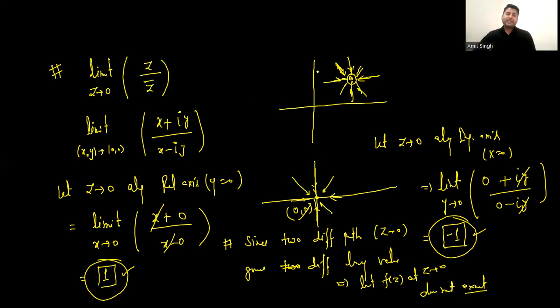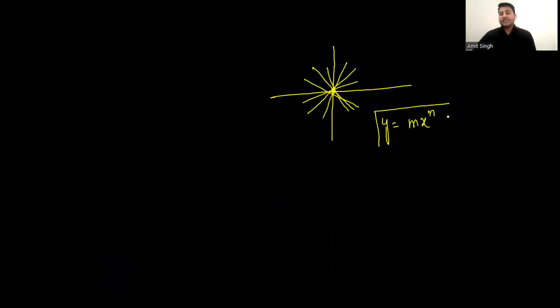So let me give you the same example again. If you see the paths that are passing through the origin, if I take a common path, which is y equals m x power n, this is the standard line which covers all the paths passing through z equal to 0.